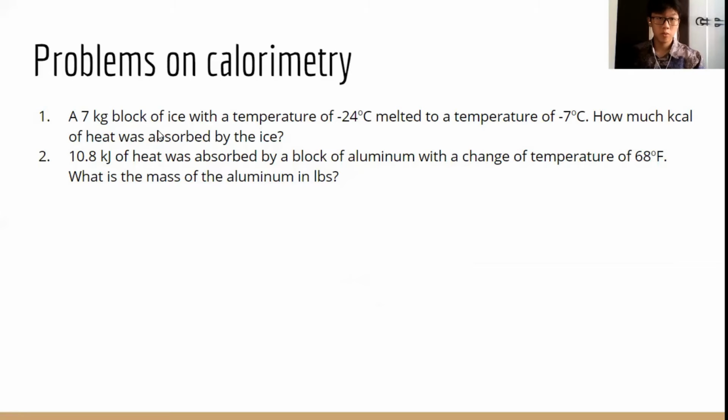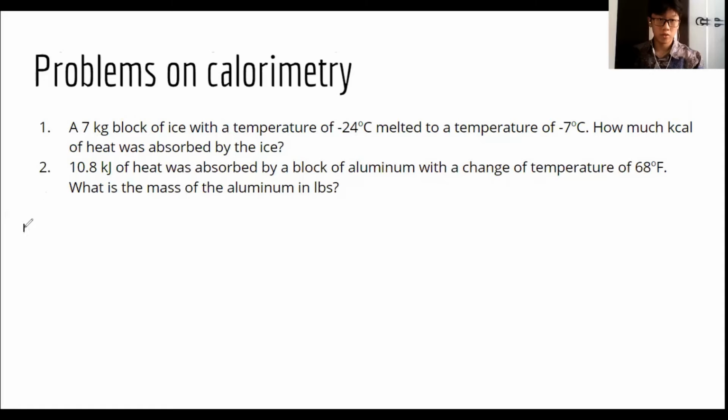A 7 kilogram block of ice with a temperature of negative 24 degrees Celsius warmed to a temperature of negative 7 degrees Celsius. How many kilocalories of heat were absorbed by the ice? So we identify what's given.